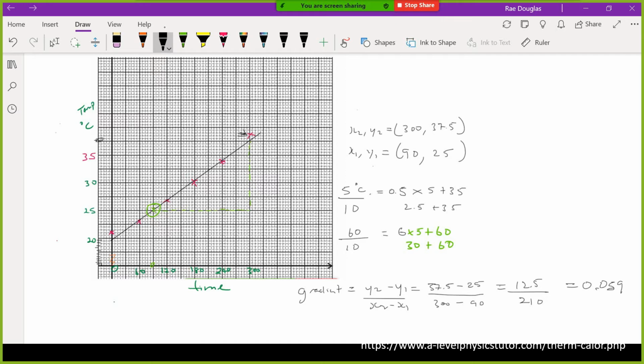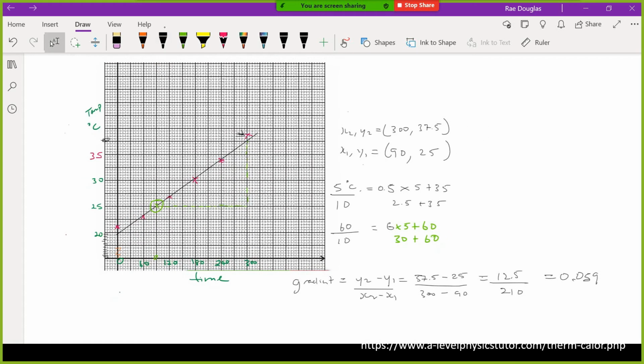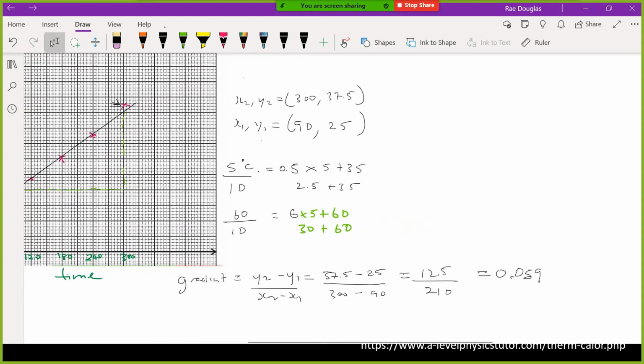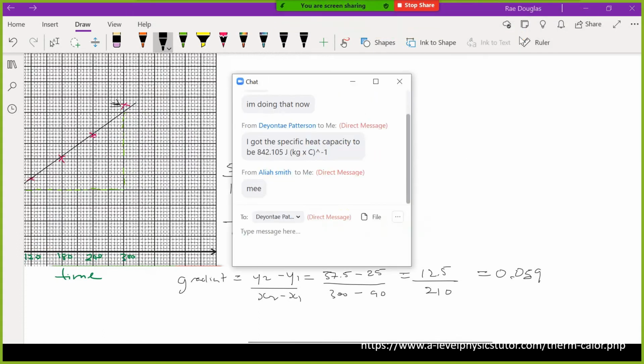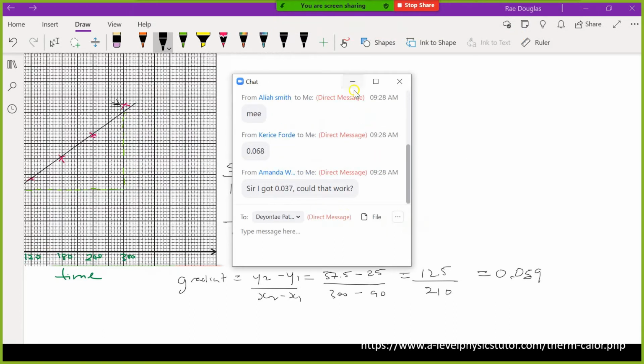Anybody got this? Somewhere there. Anybody got a value close to this? All right, wonderful. It all depends, Amanda. I'm not sure how the graph looks. It could be based on the points.